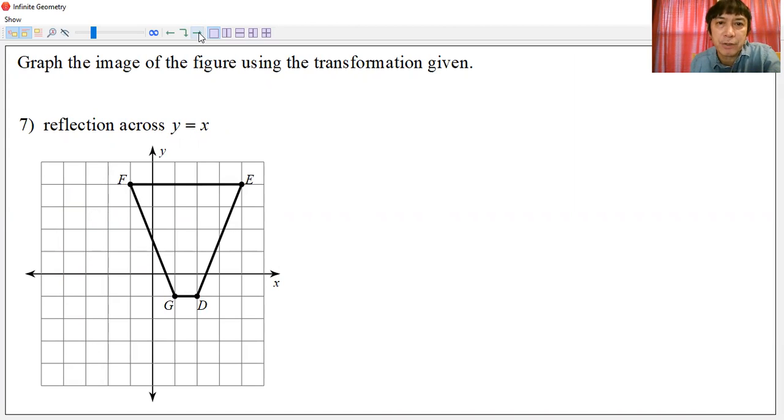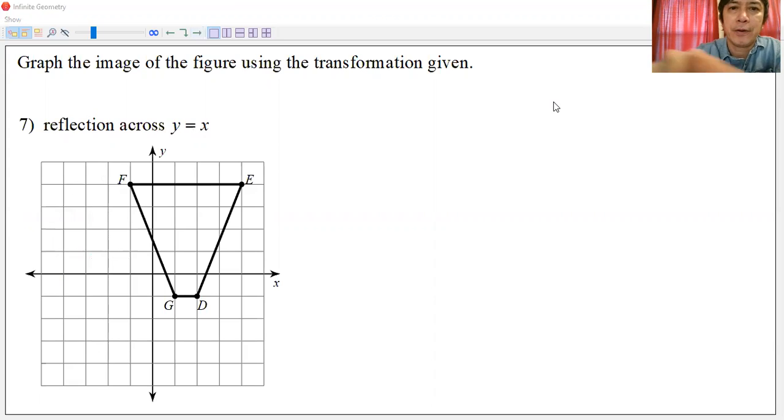Graph the image of the figure using the transformation given. Right. Reflection across y equals x. Okay. Now, y equals x is not vertical, not horizontal. Y equals x is a line that divides the first quadrant and the third quadrant, passing through the point of origin. All right. I'll show you this line.